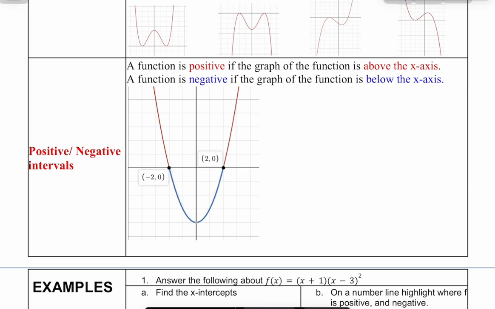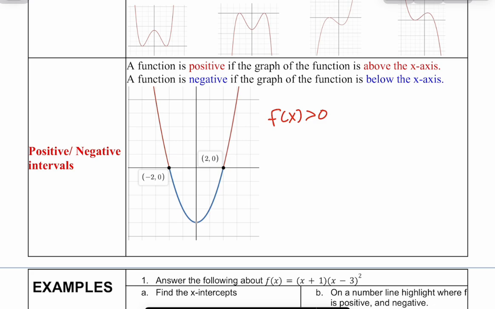So this quadratic I've drawn here, I have shown in red where our function is positive, and in blue where our function is negative. Now let's put some actual mathematics to it, okay? So we can say that our function is positive. That's just a shortcut way to say our function is bigger than 0.